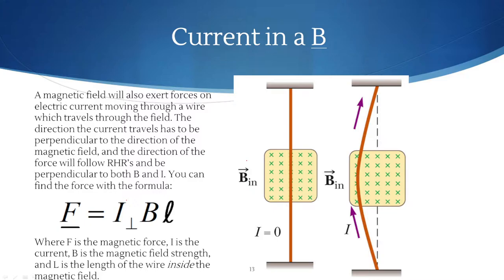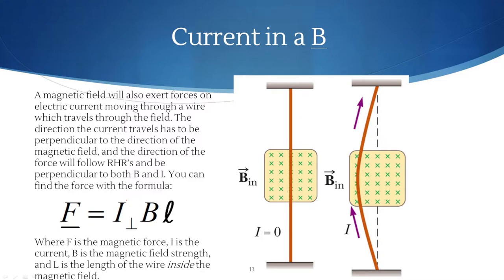what is currently on screen is a demonstration of what happens when there's multiple charged particles moving through a magnetic field. And not even necessarily multiple charged particles on their own, just flying separately. This is what happens when a magnetic field is exposed to a wire with electric current moving through it.